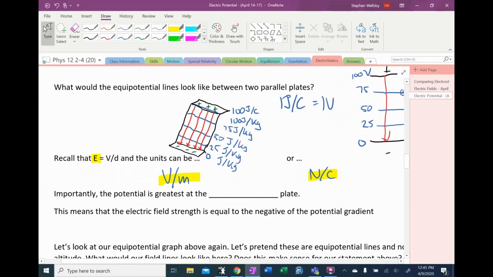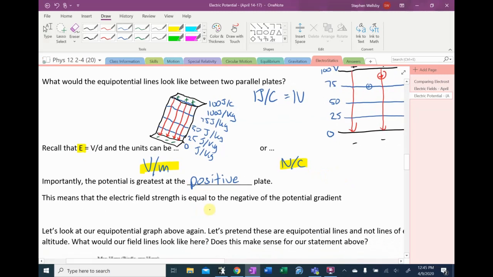Okay, and importantly here, just an extra fact, the potential is going to be greatest at the positive plate. That's as high as it's going to get, is at that positive plate. Also, one thing to think about is the electric field strength is equal to the negative of the potential gradient.